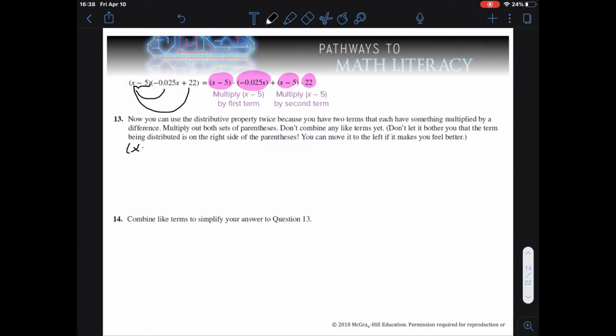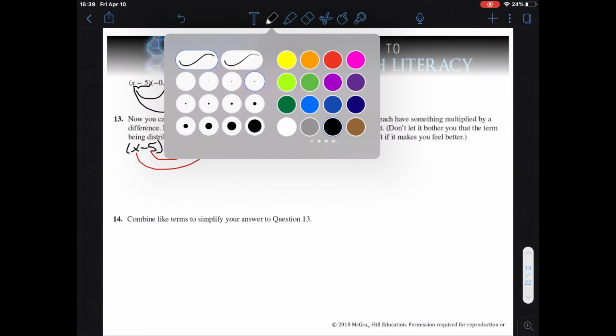So we distribute the negative 0.025x to the x and to the 5 as well.